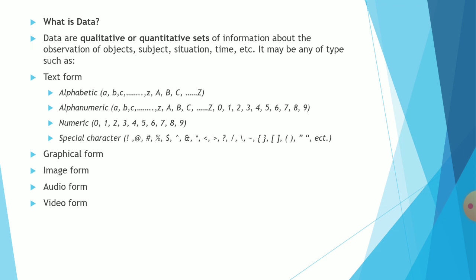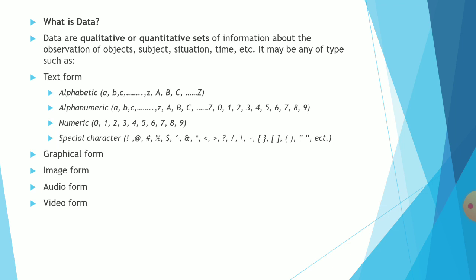Everywhere we are using information, and by processing that data, we can take some output. Your data may be in any form, like text form, graphical form, image form, audio form, video form. So you can store your data in a computer in all these forms.